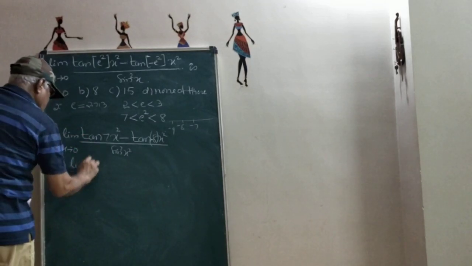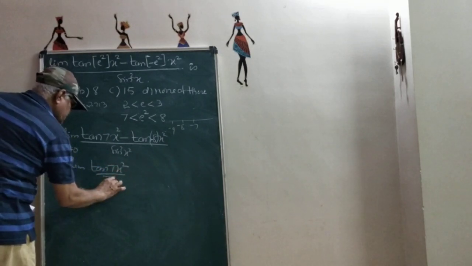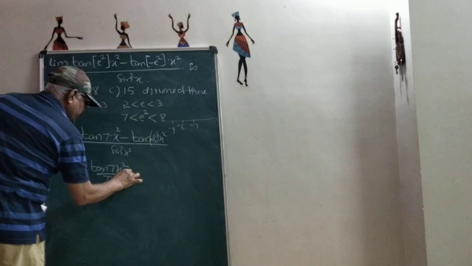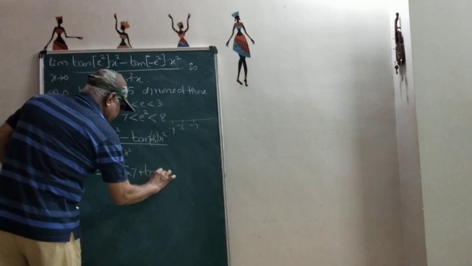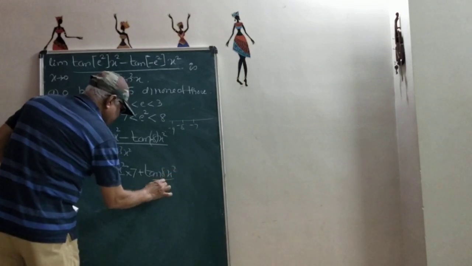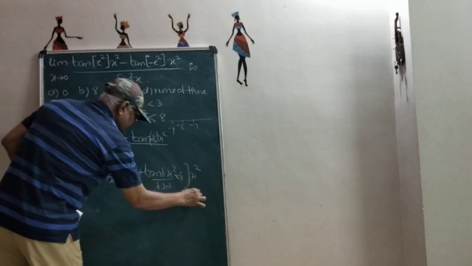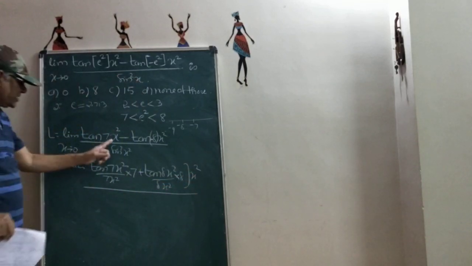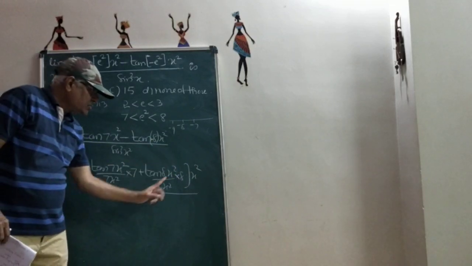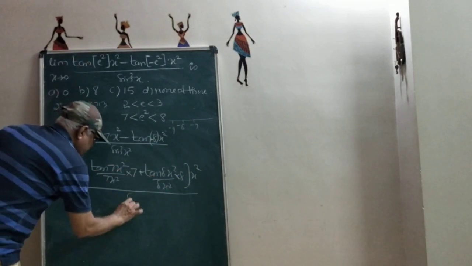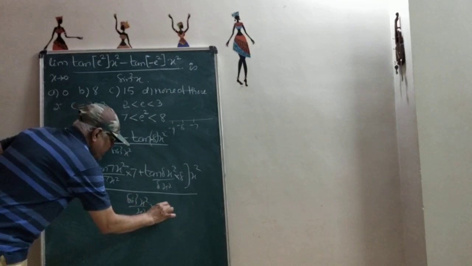It is tan of 7x square divided by 7x square, then into 7, plus tan of 8x square divided by 8x square into 8 and into x square, divided by sine square x square upon x square and into x square.